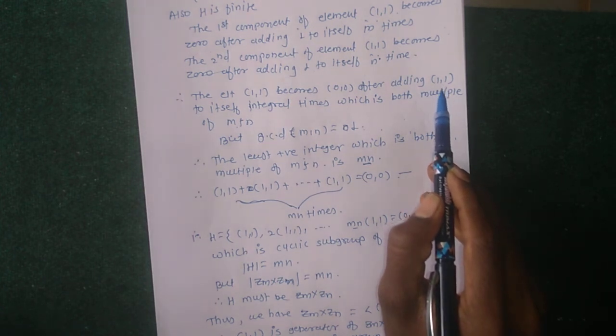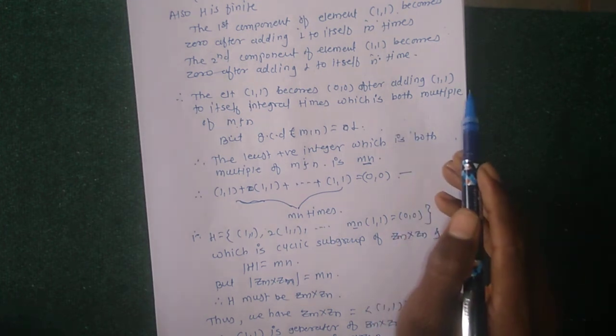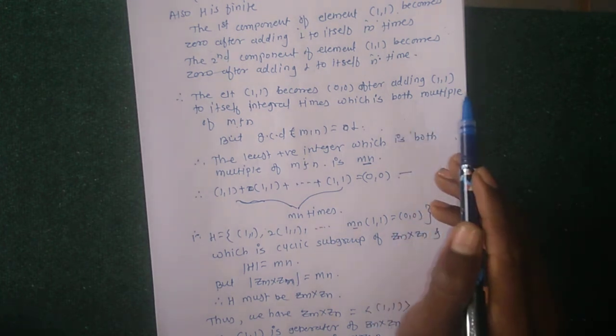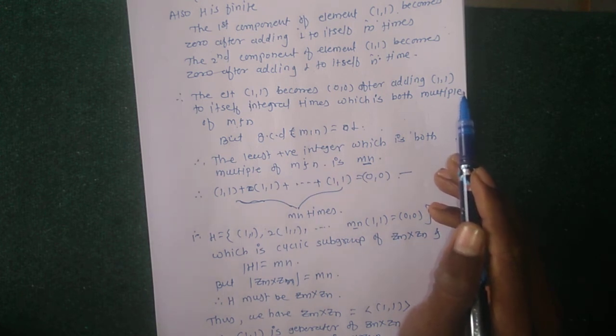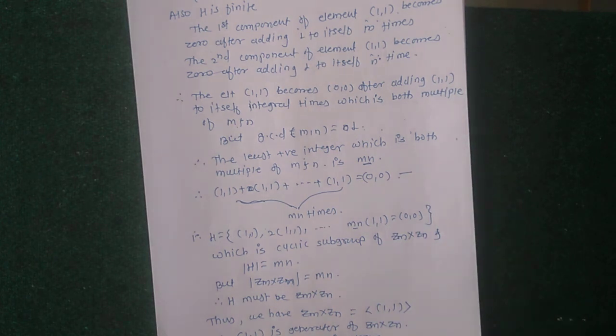Since the GCD of m and n is 1, the least positive integer that is a multiple of both is the LCM, which is m into n.